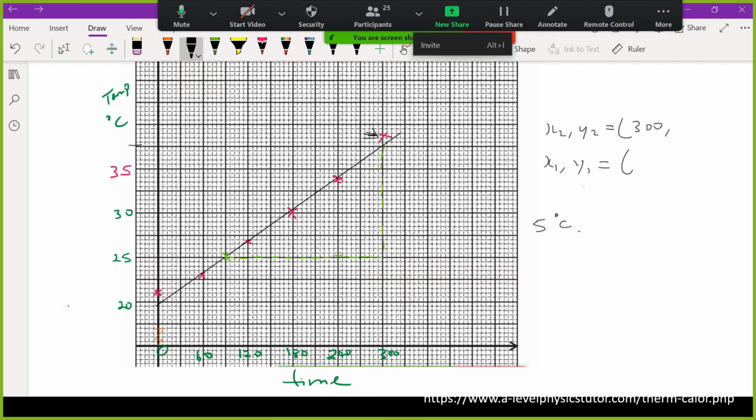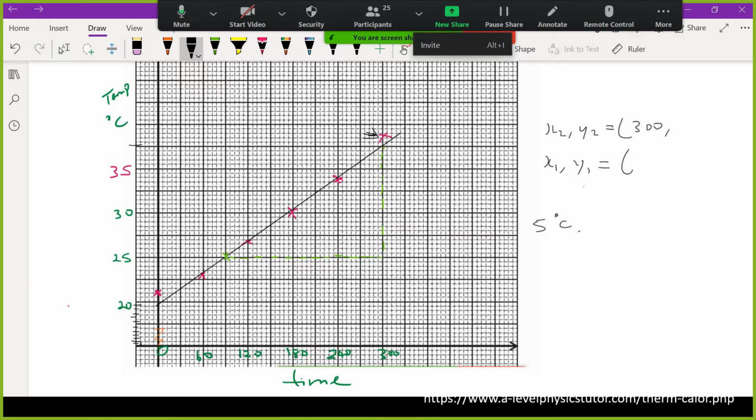So in order for me to find out how much one of these small boxes represents, I need to count how many small boxes are going up each time. That's going to be 10. So 1, 2, 3, 4, 5, 6, 7, 8, 9, 10. So there are 10 small boxes in between my 5 centimeter scale.